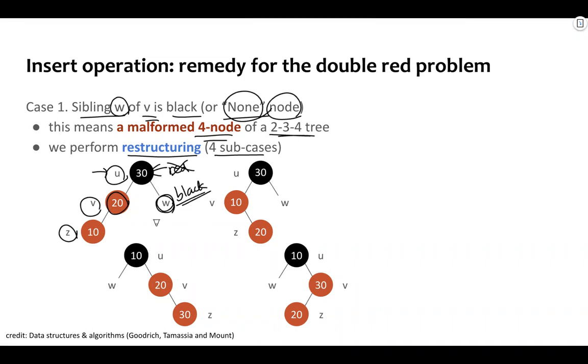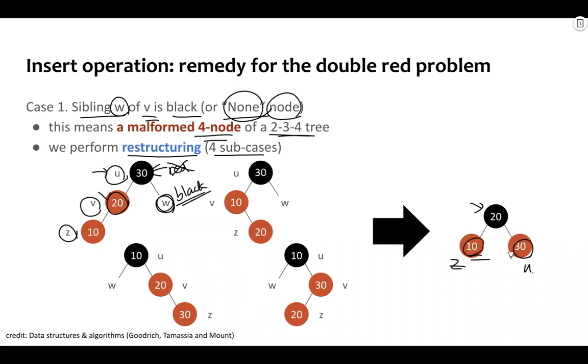And we can just restructure into this form. So now 20 becomes the new parent as black. And then 10 and 30, Z and V, U becomes new child like this.